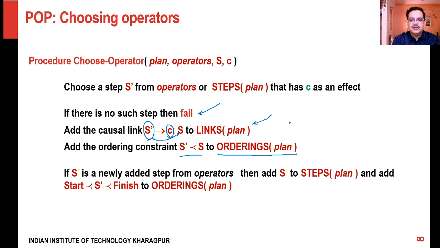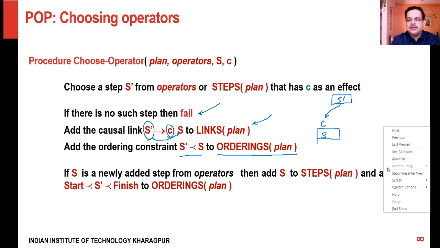So as you can see, I had some S which had an unfulfilled sub goal C. So now I place S' as an action before it, and that gives me this C, and this link that you see from S to S', this is called a link.